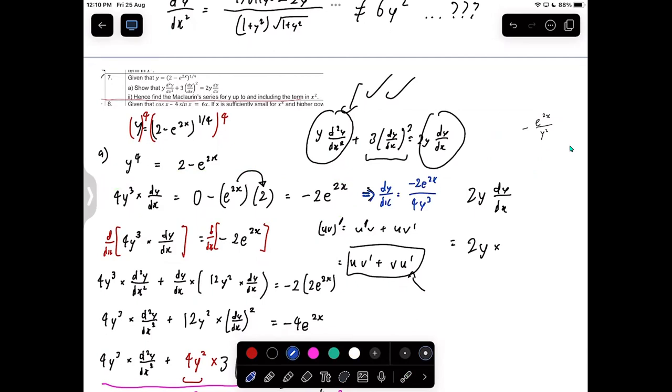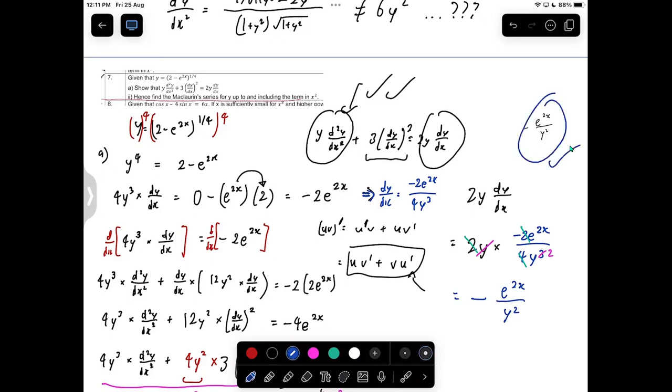That means I can sub in my expression for dy by dx. And anything to cancel away? Y and y cubed becomes y squared. Times 2 divided by 4, so the 2's cancel away. Then you're left with negative e power 2x over y squared.